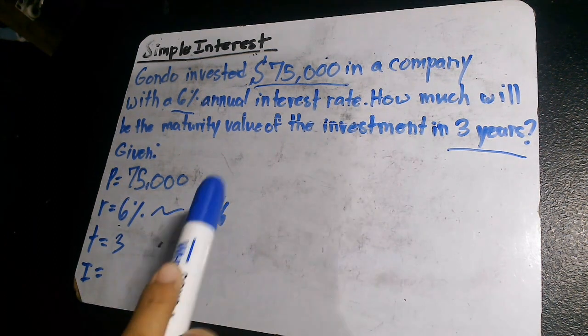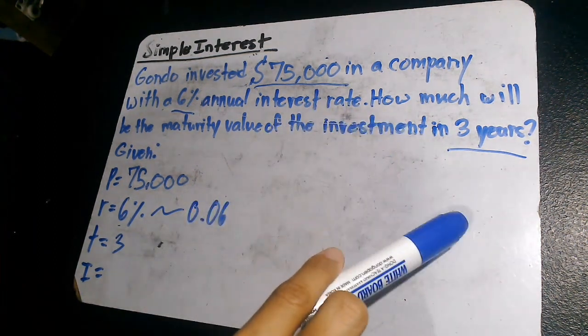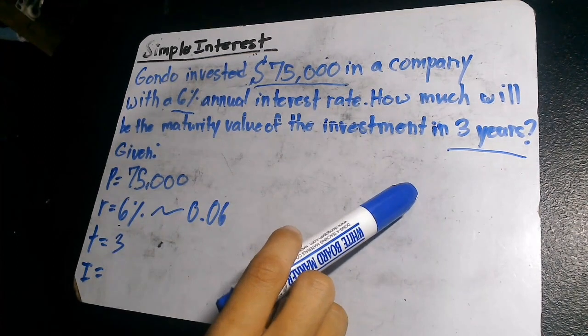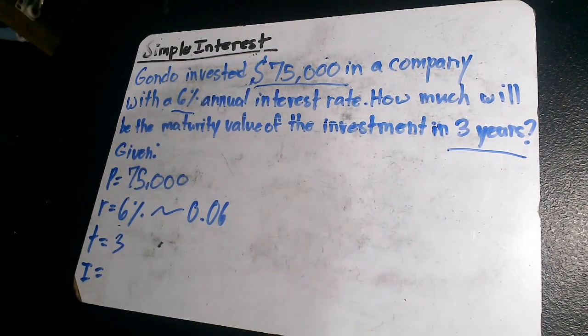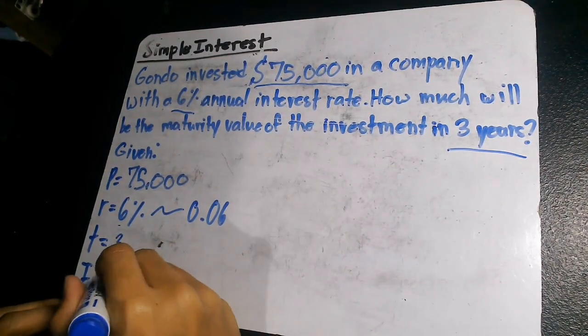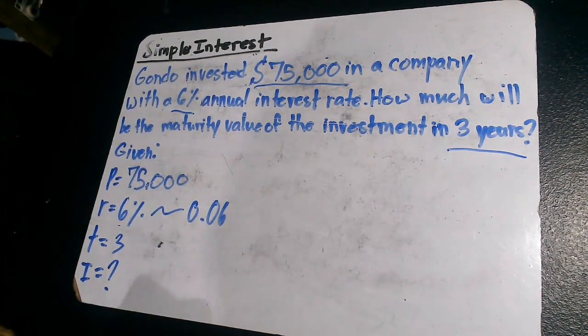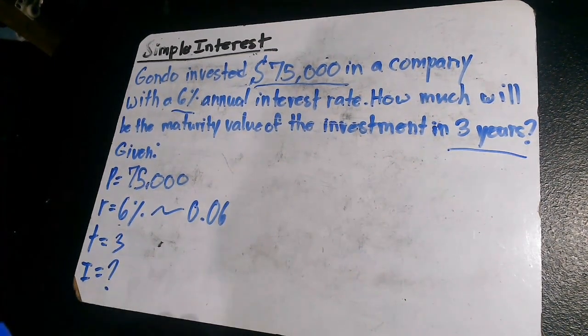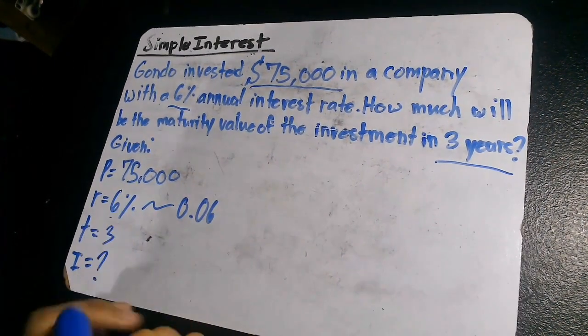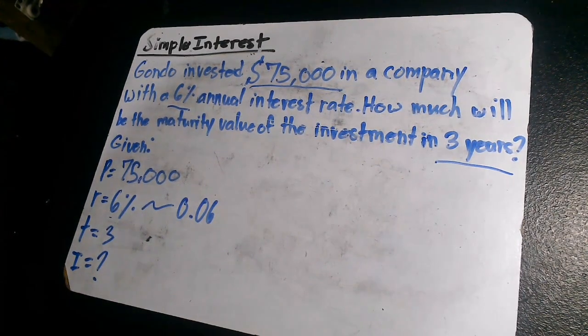And if you read the question, how much will be the maturity value in the investment in 3 years? So, interest is missing. Since we have determined that interest is missing, we can now determine what formula we should use to solve this problem.